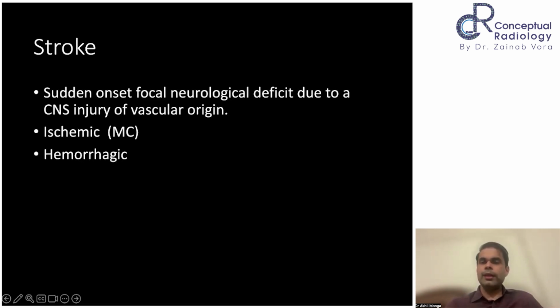So the basic idea when you pick this up is the onset of the deficit. There has to be a neurological deficit, weakness has come, or the patient is not able to speak, speech is an issue, vision is a problem, any focal deficit which can be due to vascular injury or origin. So CNS injury due to vascular region leading to a focal neurological deficit.